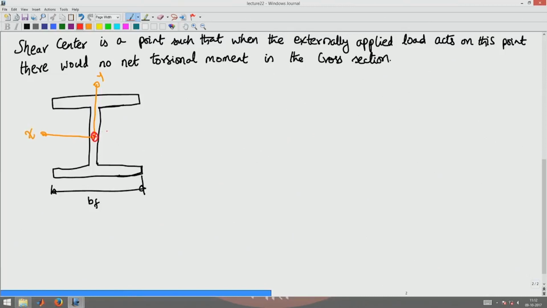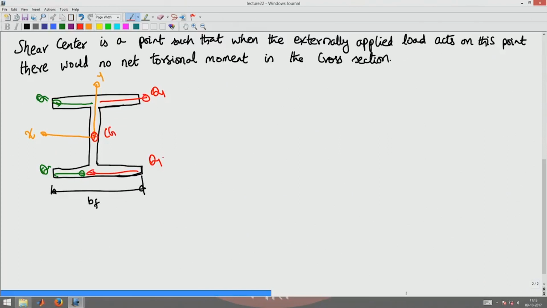The shear center will coincide with the CG because, as you saw in the last class, the shear stress distribution being horizontal, there will not be net torsion produced in the cross section, because this moment is balanced by these two, which are of the same magnitude Q1, and this is also of magnitude Q1.